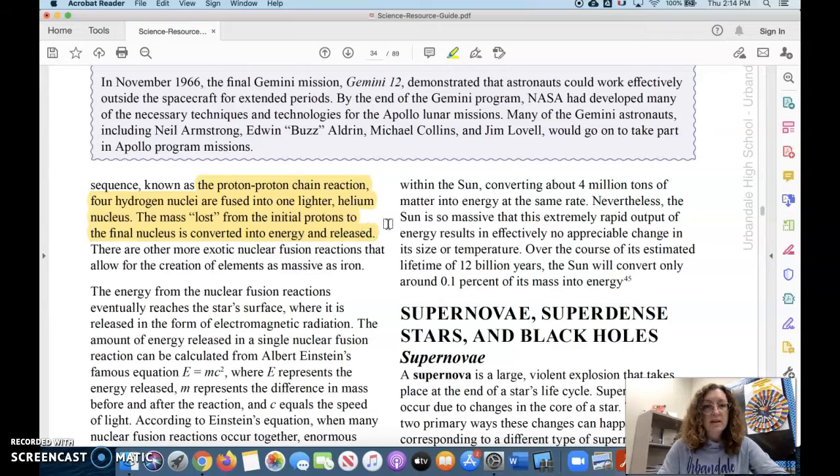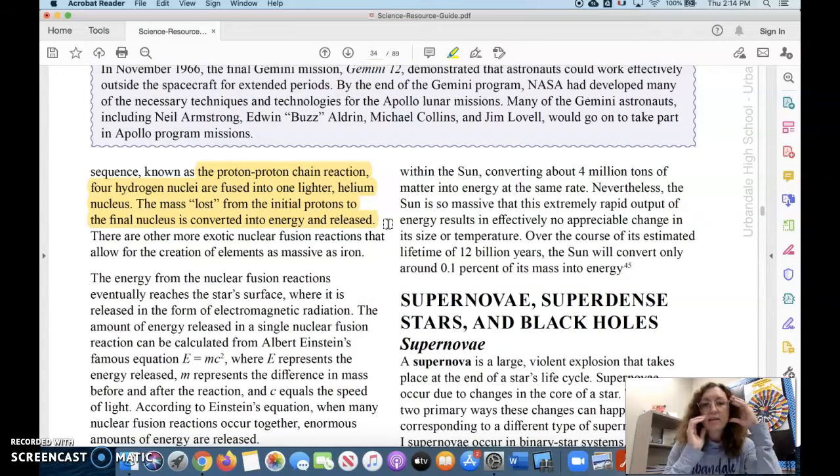This is fun here. 4 hydrogen nuclei become fused into one helium nucleus. Remember, mass cannot be created or destroyed, so it becomes energy. That lost mass from those protons is converted into energy and it's released. Okay, hence light.